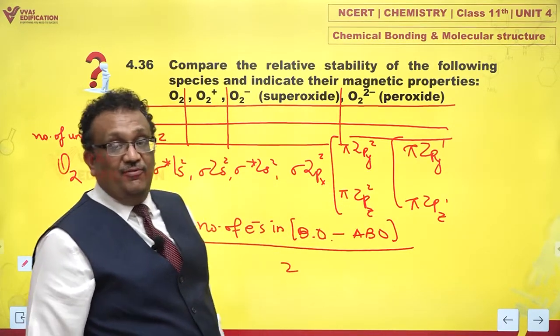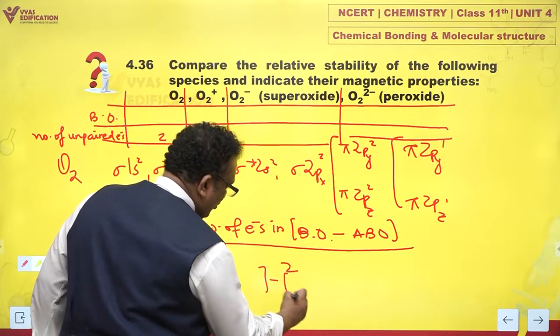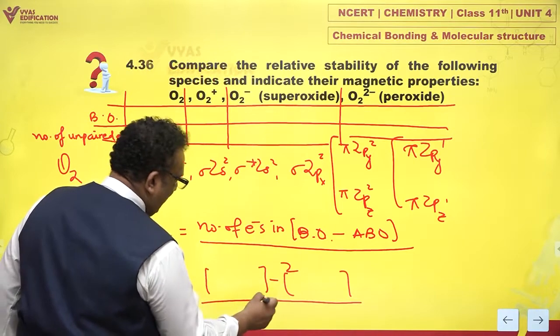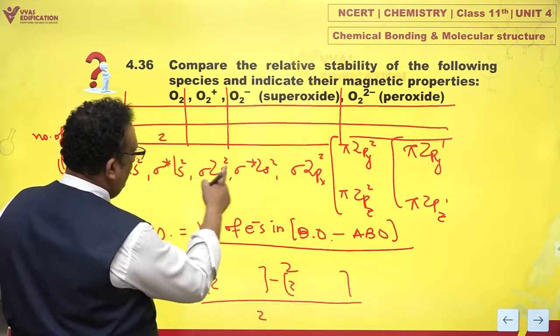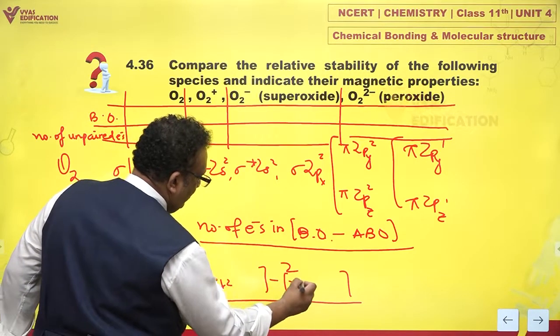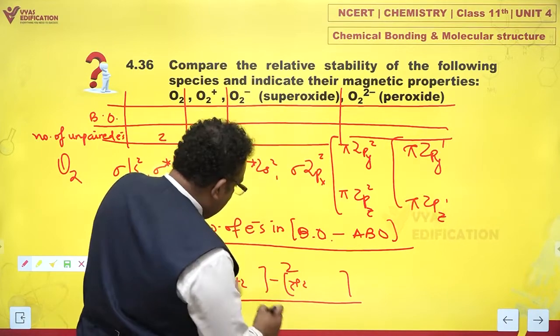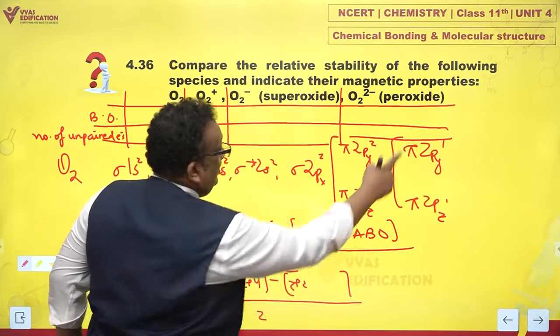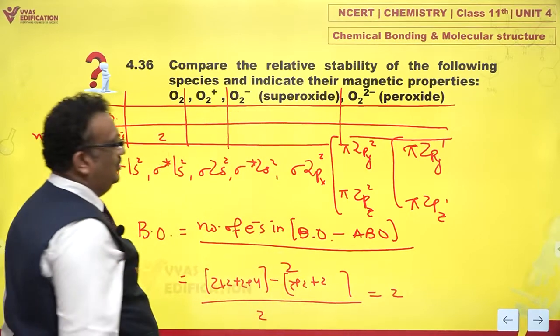That is 4. I just did it orally. If you want, I can write it down. Sigma 2px plus 2, pi 2py, pi 2pz plus 4, minus 2. You solve this and you get 2.